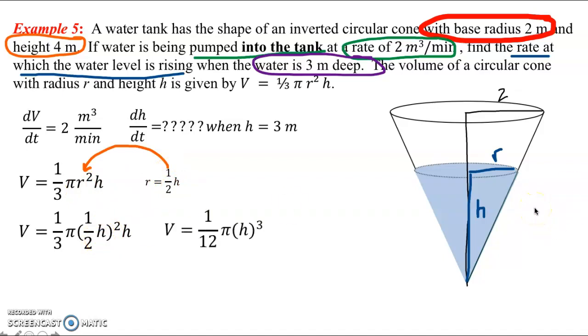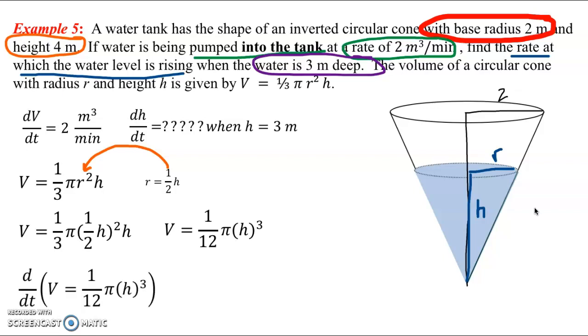Then I'm going to just do a little bit of algebra to clean up the equation. 1/2 squared is 1/4. 1/4 times 1/3 is 1/12 times pi. h squared times h is equal to h to the third. Now I have a volume equation that represents this cone in this instance in terms of just the height of the cone.